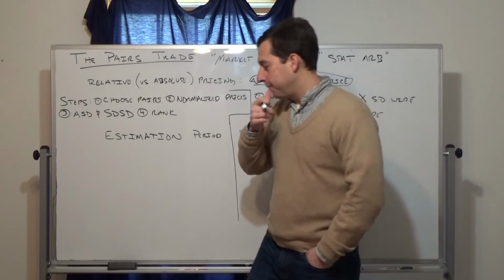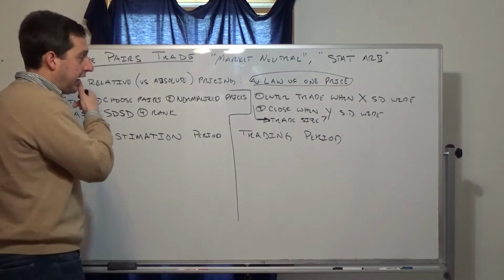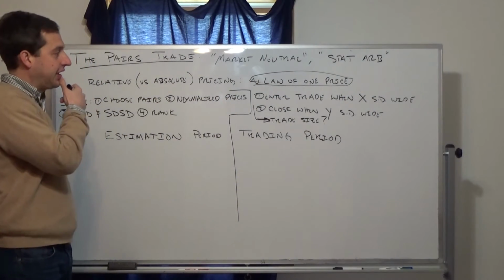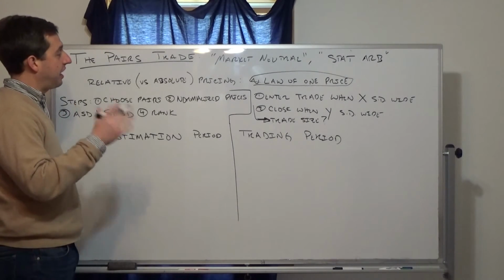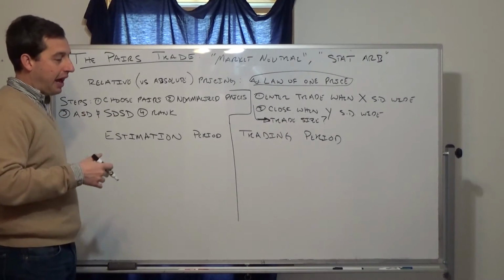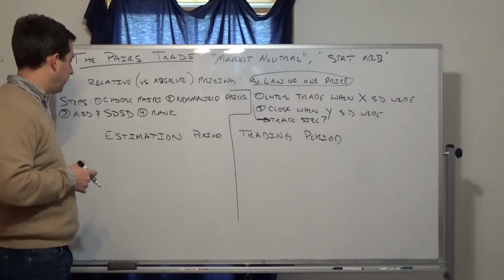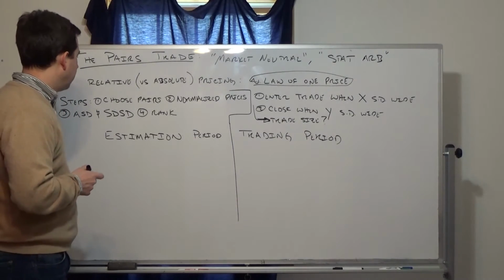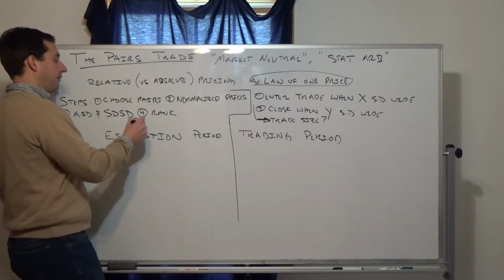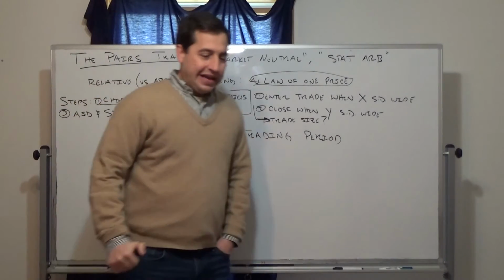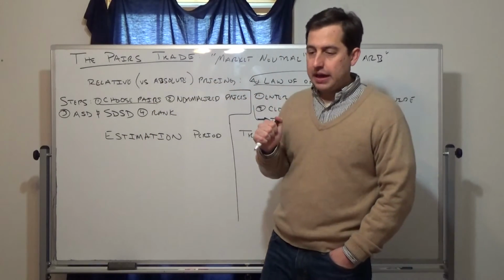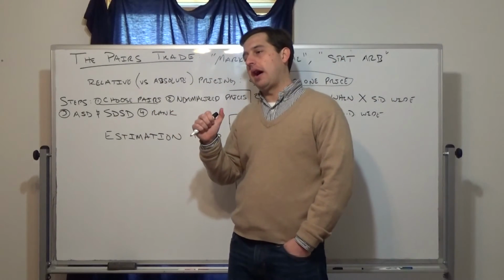However, what we're going to do, and what Gatev in 2006 did, which is consistent with co-integration, was set forward a very simple algorithm to implement the pairs trade. So what we're going to do is first, and these steps are sort of circular, first choose a set of pairs. Now, in their paper, I think they did it both ways.